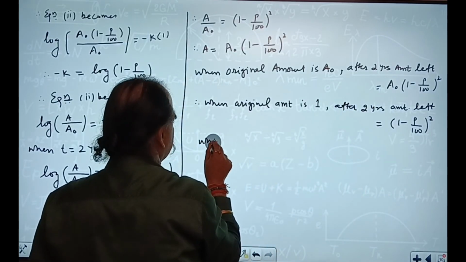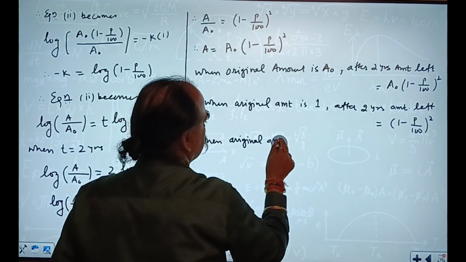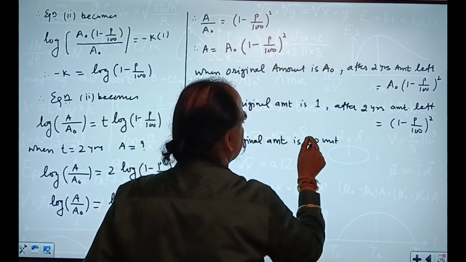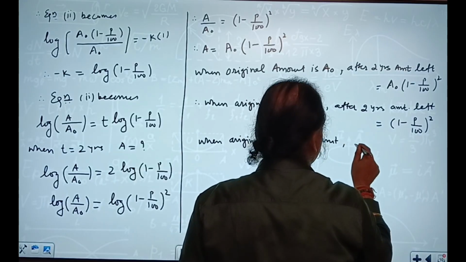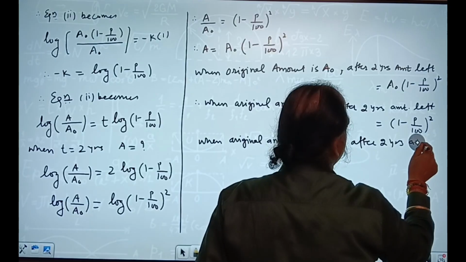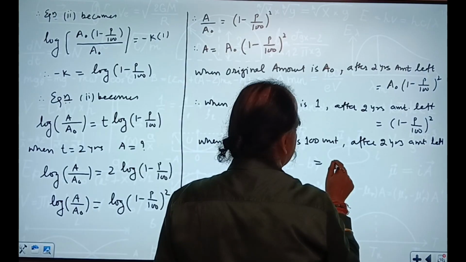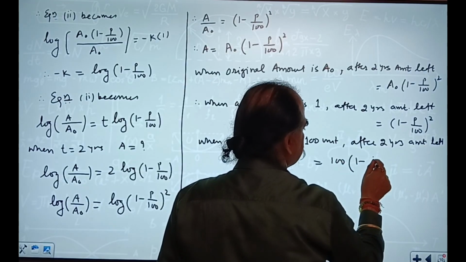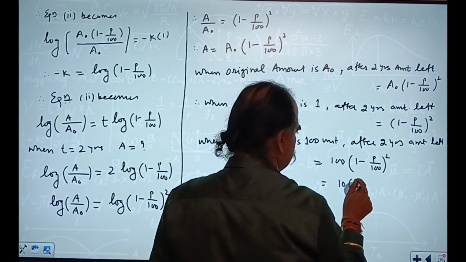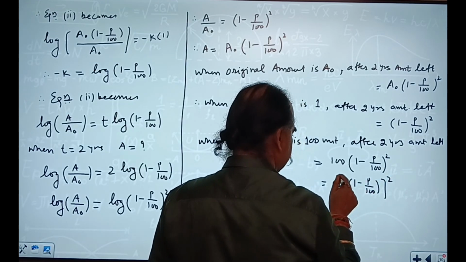When the original amount is 100 units, after 2 years, the amount left is equal to 100 into 1 minus P by 100 whole square.